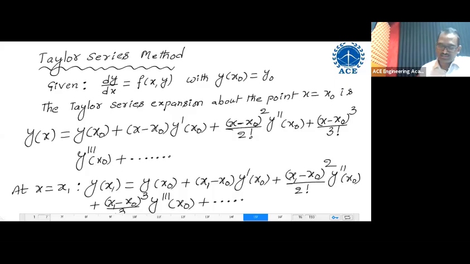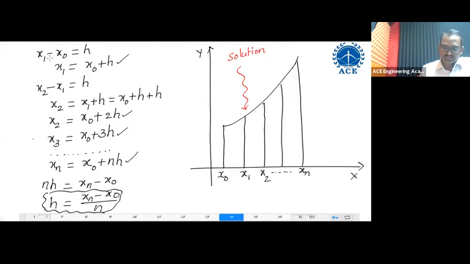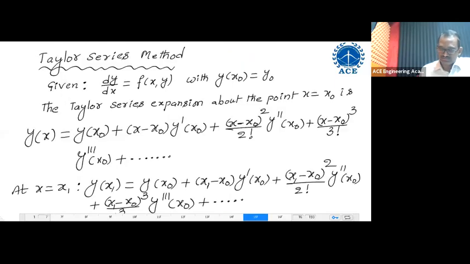You have already written earlier x1 minus x naught value h. Look there, x1 minus x naught is equal to h. In place of x1 minus x naught, I will write h.